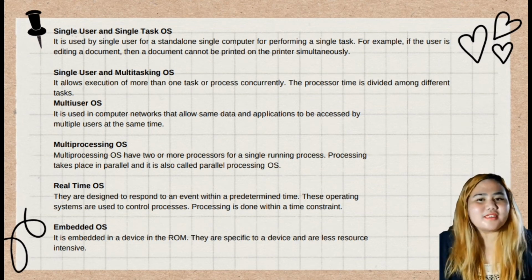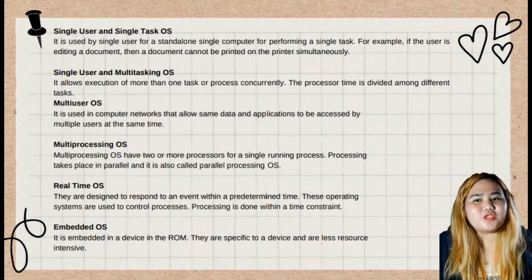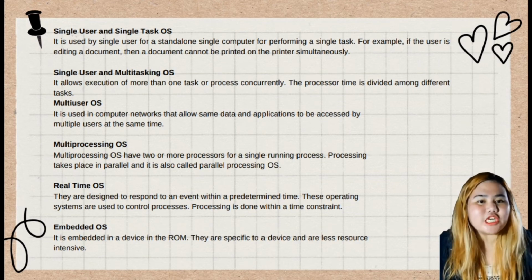Single user and multitasking OS. It enables simultaneous execution of multiple tasks or processes. Varied jobs are given different amounts of CPU time. This sort of OS is also known as a time-sharing system, as the processor changes between processes quickly.